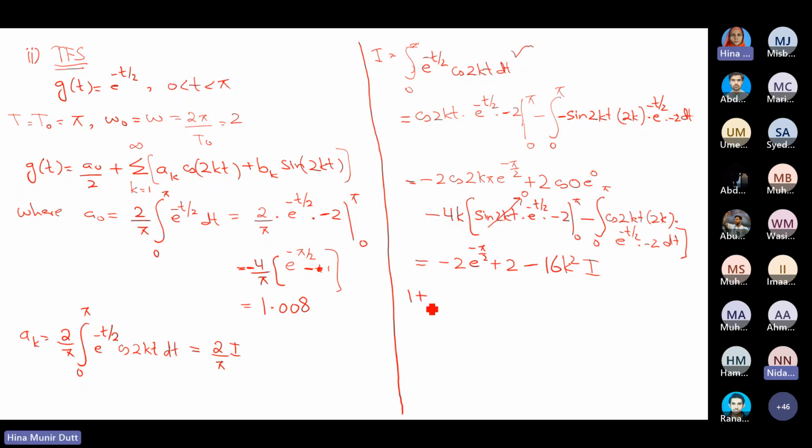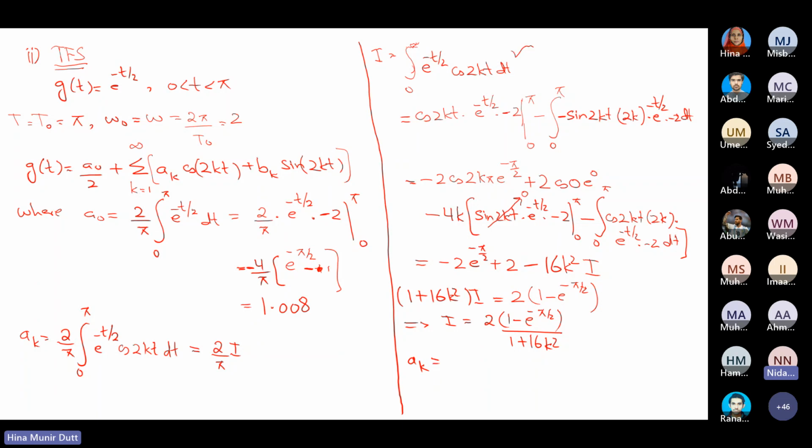So here I get 1 plus 16k square I. I can take this 2 common from here, which is 1 minus e to the power minus pi over 2. And this implies that I is equal to 2 into 1 minus e to the power minus pi over 2 over 1 plus 16k square.